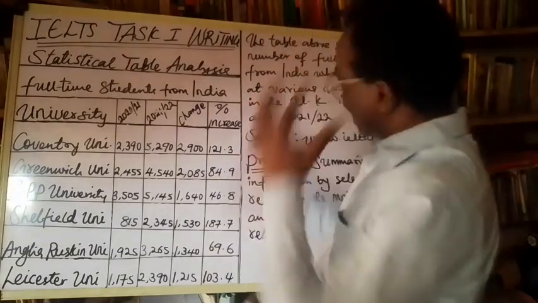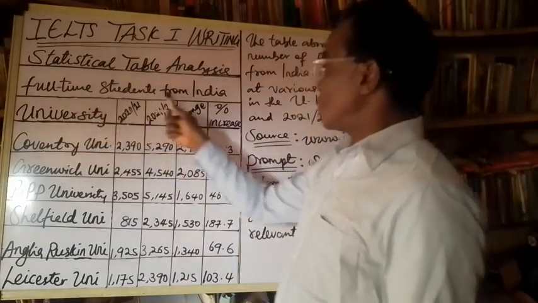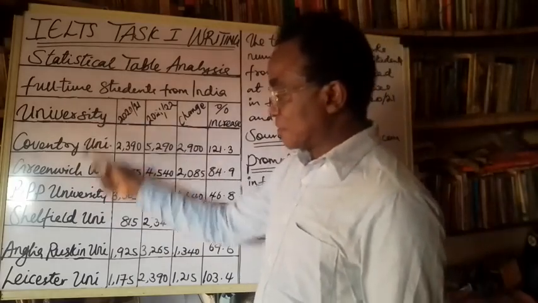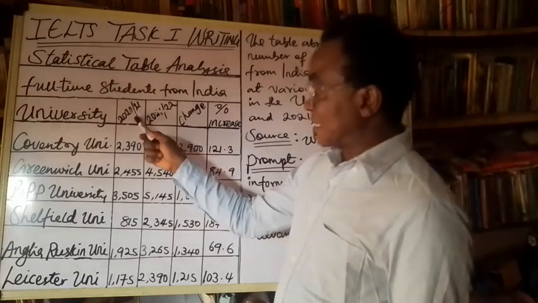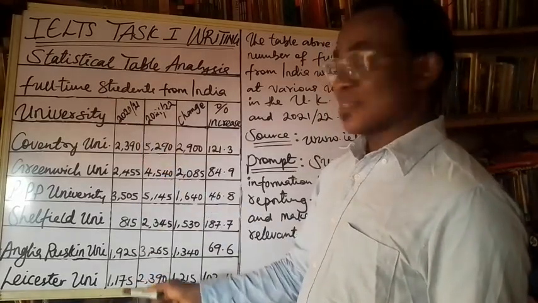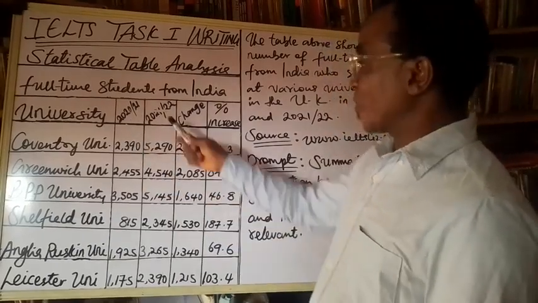Now, let us take a look at the table. Title: Full-time students from India. The first column gives us the names of the universities. The second column, the first academic session, 2020/21.